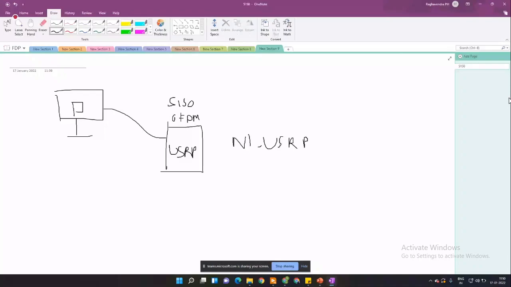For an Ethernet-based system, you have your default IP address, which is 192.168.1.2. And then if it is a Rio that is connected using a PCI connectivity, it is usually Rio 0, Rio 1, and so on and so forth. So first you'll have to mention which is the USRP name that you have over here.